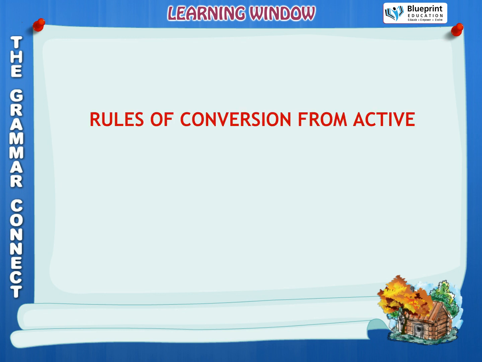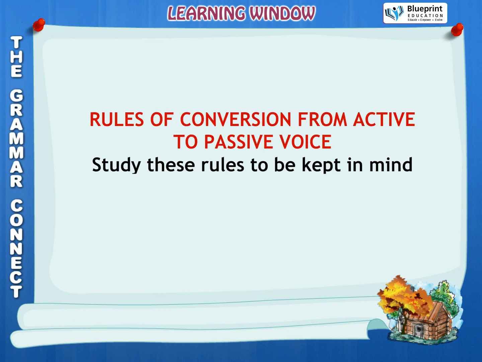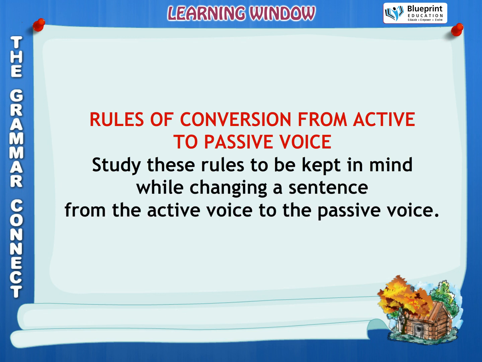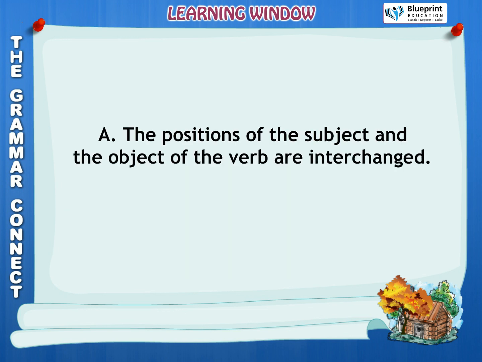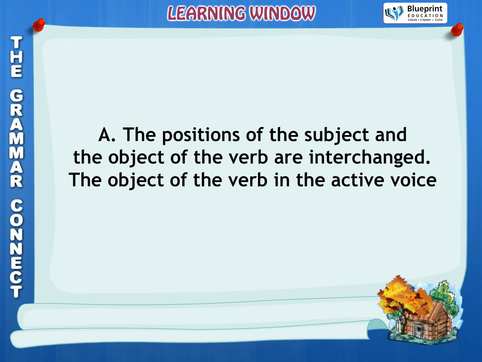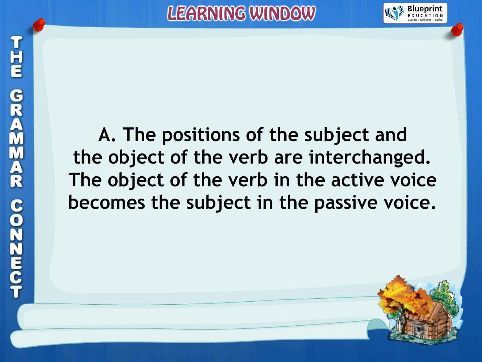Rules of conversion from active to passive voice. Study these rules to be kept in mind while changing a sentence from the active voice to the passive voice. A. The positions of the subject and the object of the verb are interchanged. The object of the verb in the active voice becomes the subject in the passive voice.